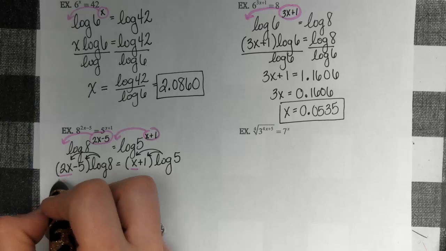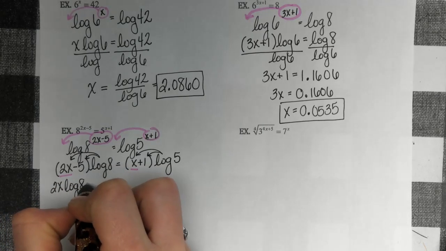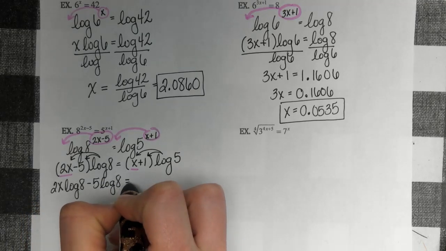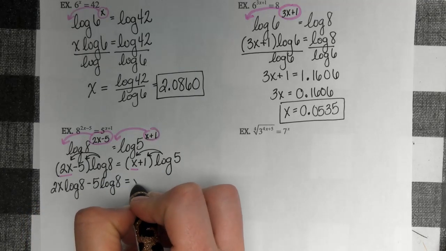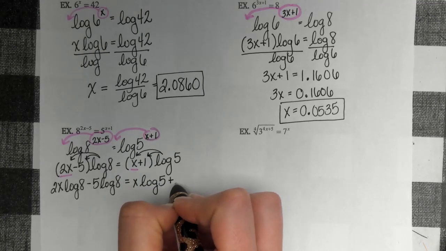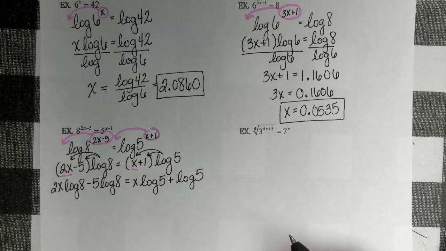So that's going to be 2x times log of 8 minus 5 times log of 8 equals x times log of 5 plus 1 log of 5. All I did was distribute that log and it picked up everything in parentheses as its coefficient, yes?